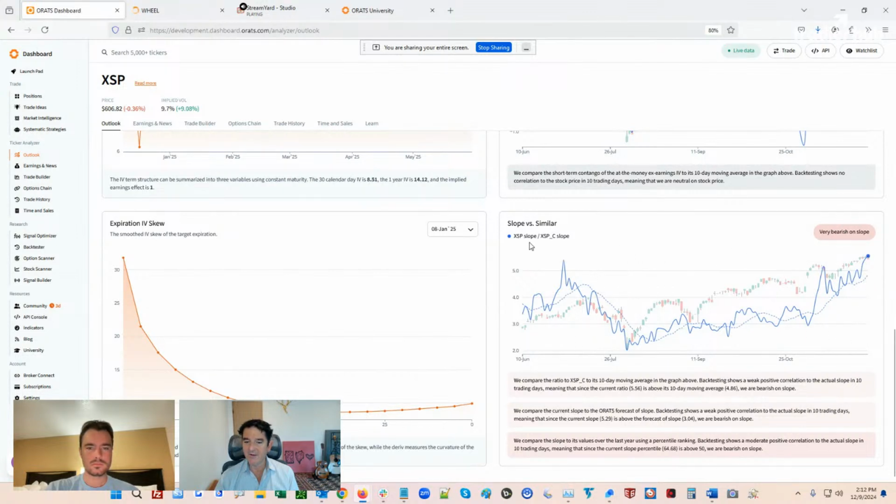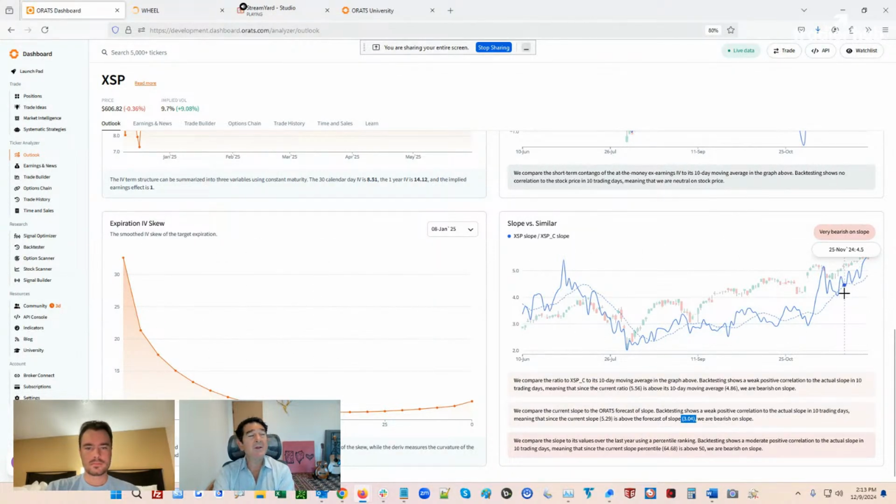And right now, especially compared to the components, you're seeing a very high slope, and you're seeing that the current ratio is above the moving average. So that is pretty high. The current slope of 5 is higher than the forecast of slope, which is 3. So everything's saying the slope is high right now, meaning the puts are high.